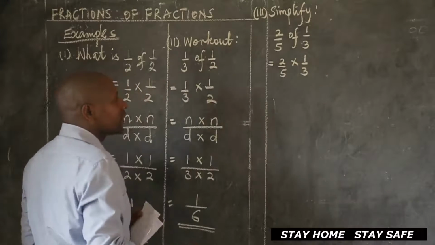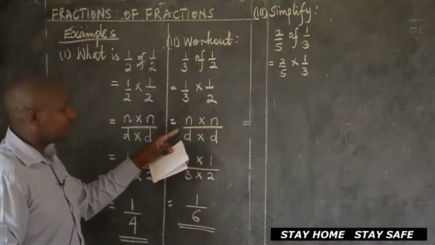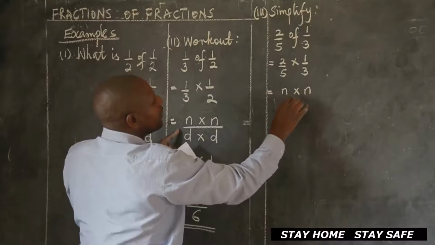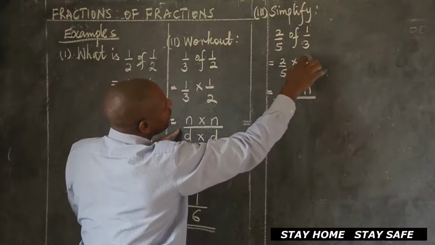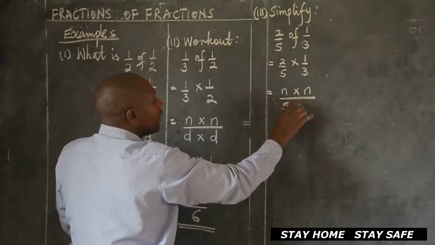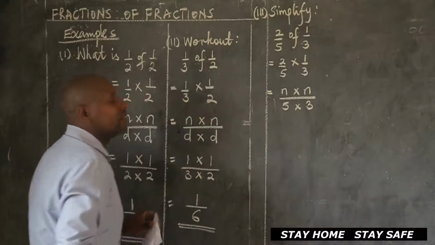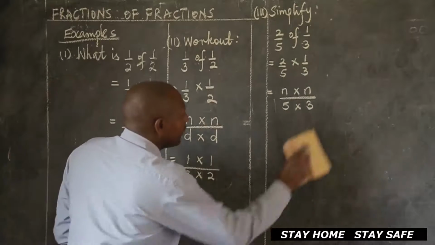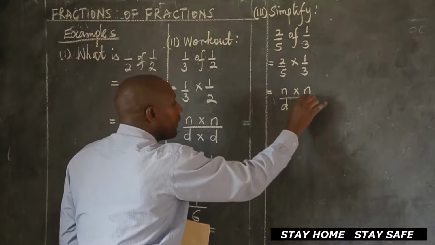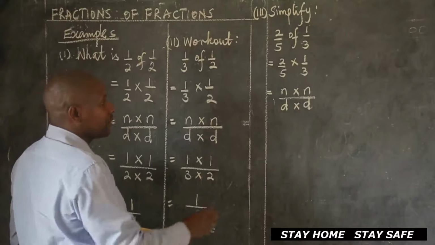Okay? What is the next step? We shall have a numerator times a numerator out of a denominator times a denominator. The numerators will have 2 and 1, and the denominators will have 5 and 3. Let's first go by formula, then we substitute.